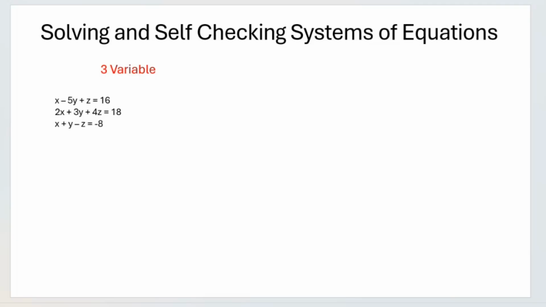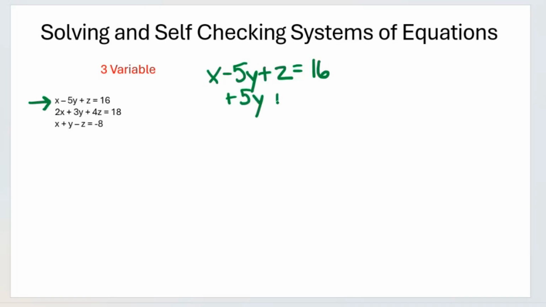So the first thing that we're going to do is take one of these equations. I am just going to start at the top. And we're going to try and get one of the variables all by itself. So here I have x minus 5y plus z equals 16. I'm going to try and get the x by itself. So I'm going to add 5y here.